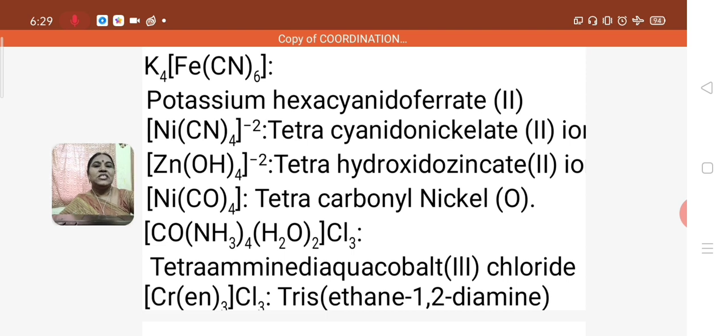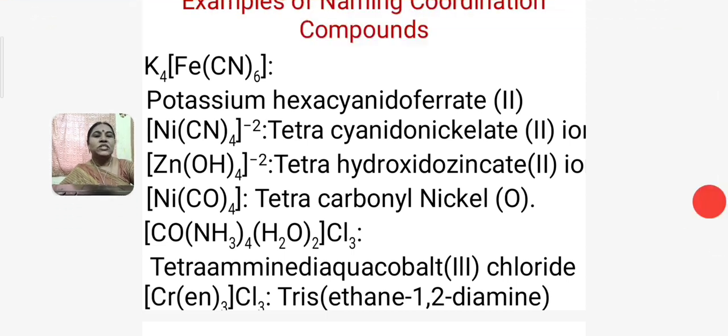Now let us see the next complex, [Zn(OH)4]2-. In this complex, there are 4 OH minus ligands, and zinc is the central metal ion. So the ligands have to be named first as per the rule.